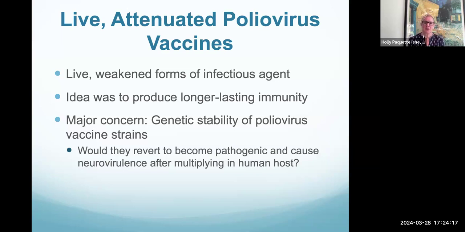So in this particular case, they had a live weakened form of the infectious agent. The idea was that this would produce a much longer lasting immunity and less of a need for booster shots. The major concern, as I said, though, was how stable is that poliovirus vaccine strain, and could it revert back to where it would cause problems in humans?